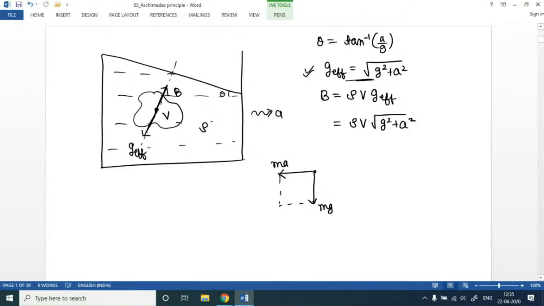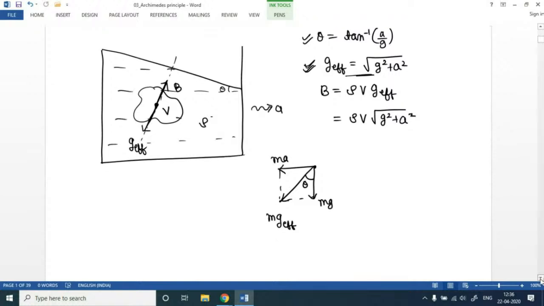This would be the resultant net force experienced by this body, which would be m times g effective, and this would be theta. By solving, you will get this theta and g effective very simply. So please remember, the buoyancy does not always act in the vertically upward direction. Rather, it acts in the direction opposite to the effective weight, or g effective.